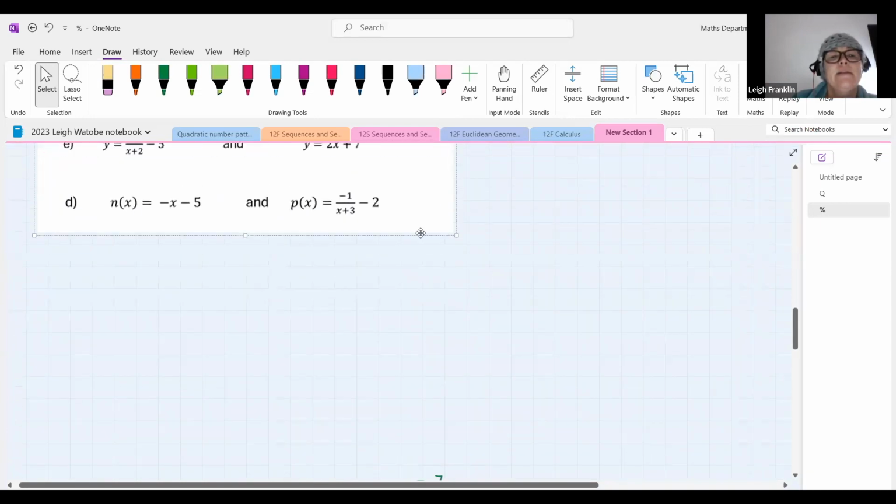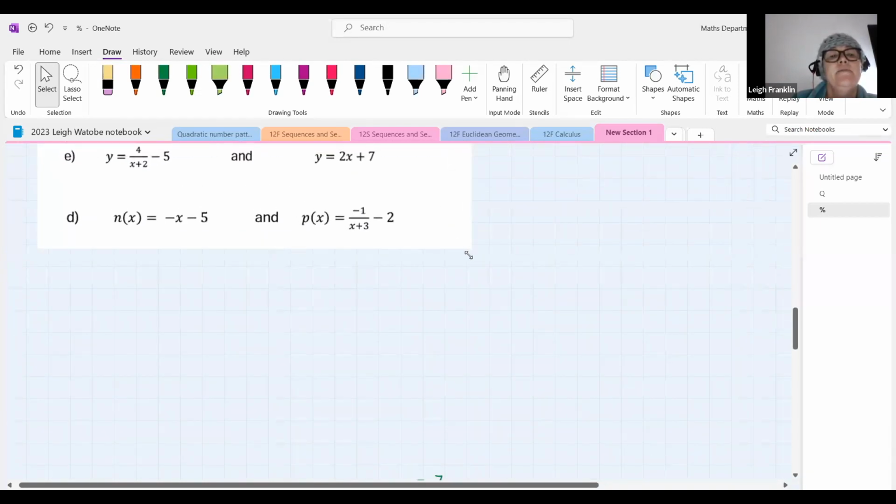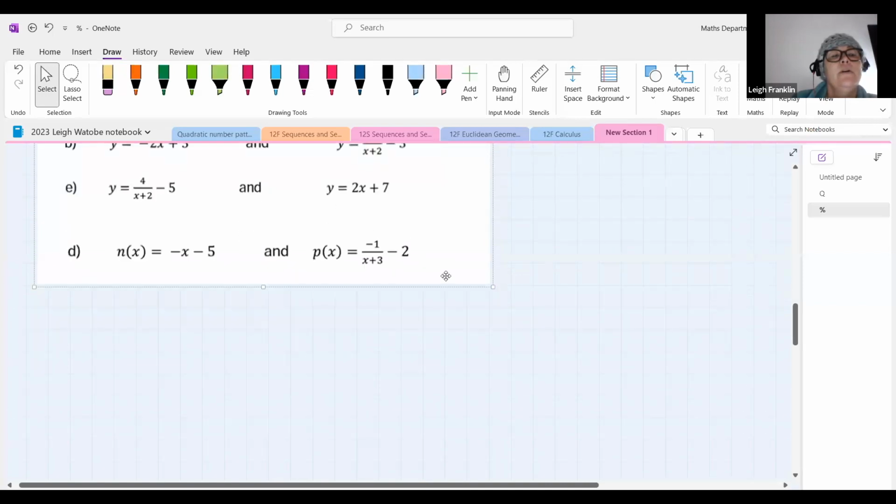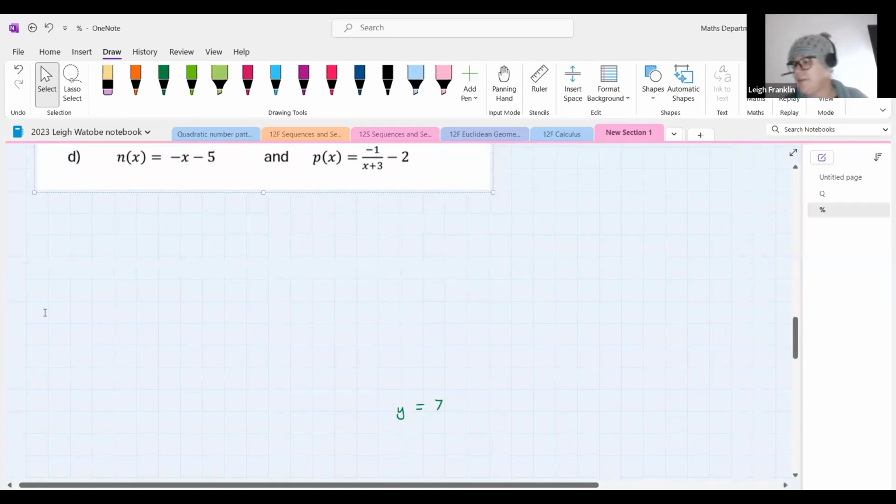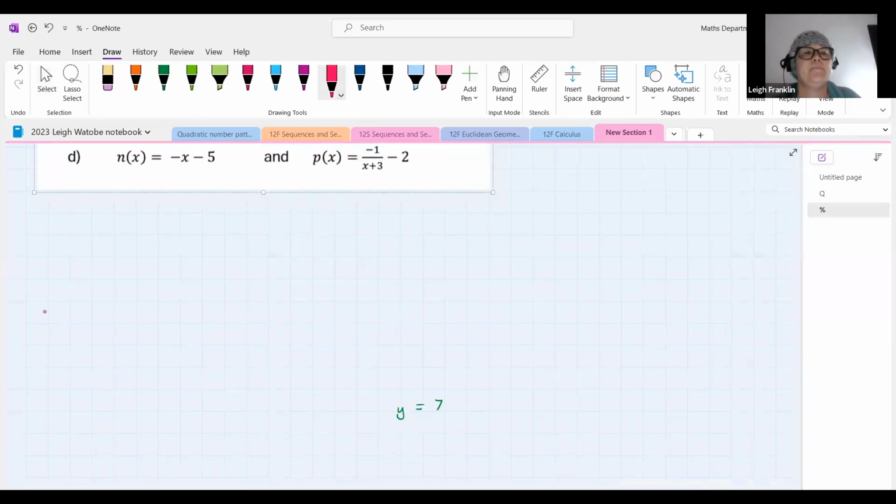I hope everybody can see that and that it's big enough. We are going to look at question D. We want to find the coordinates at the point of intersection of n of x and p of x.